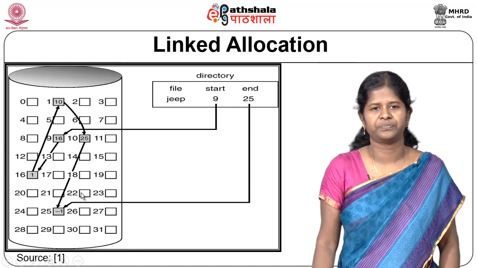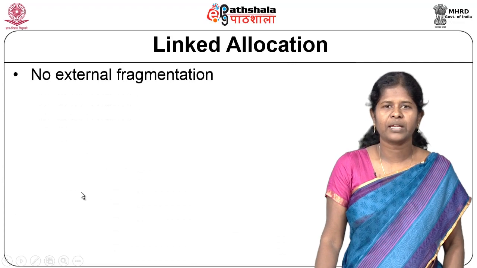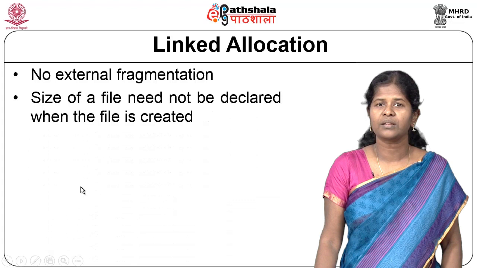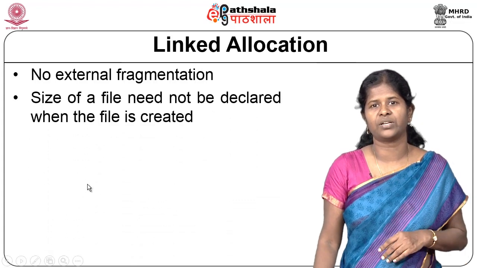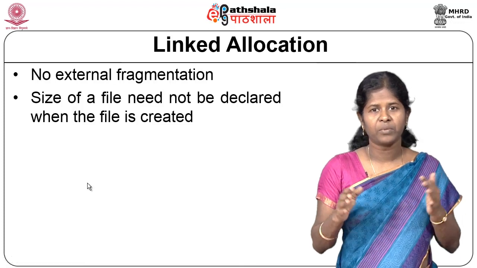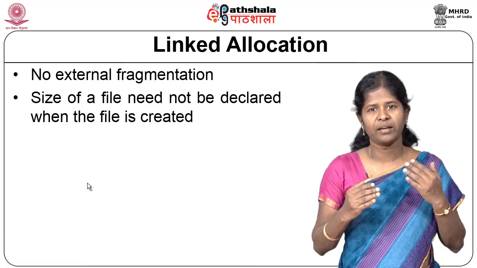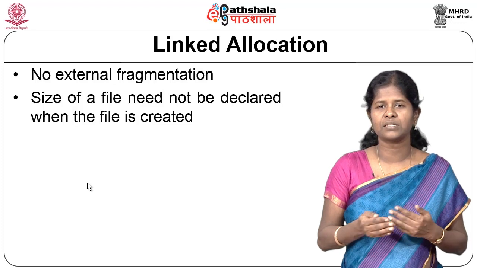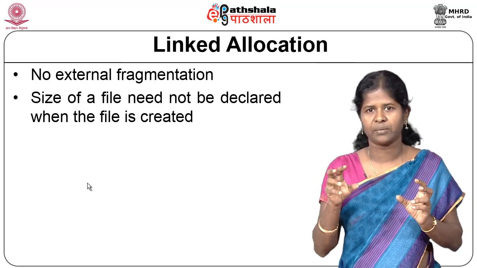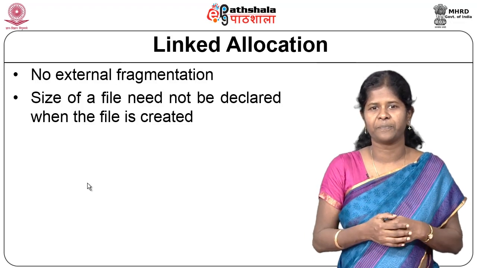The advantage here is that you do not have external fragmentation as in contiguous allocation, because in contiguous allocation you will have spaces here and there which are currently free, but you may not have them contiguous. But here in linked allocation you do not really need that. You can use any disk block, even if it is one disk block that is free at any other place, you can link it and use it for the file.